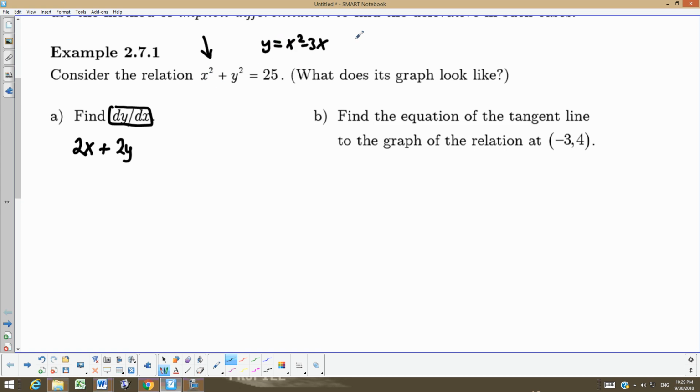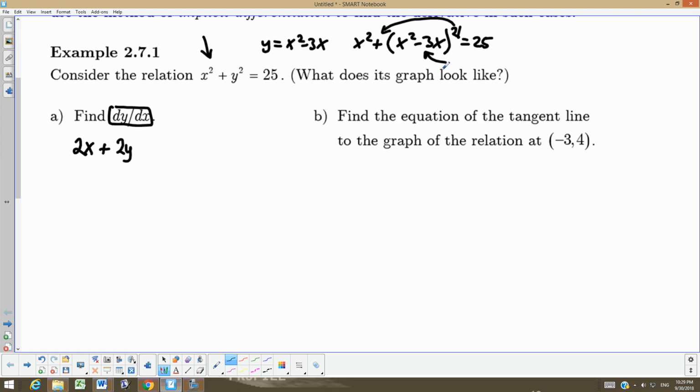Then this equation would actually be x squared plus, y would now be x squared minus 3x, but it's y squared, so that squared equals 25. And if I actually wanted to take the derivative of y squared, then I would bring the 2 down, so it'd be 2 times x squared minus 3x, drop the 2 to a 1, but then the chain rule would have me go back in and take the derivative of x squared minus 3x, which is 2x minus 3.